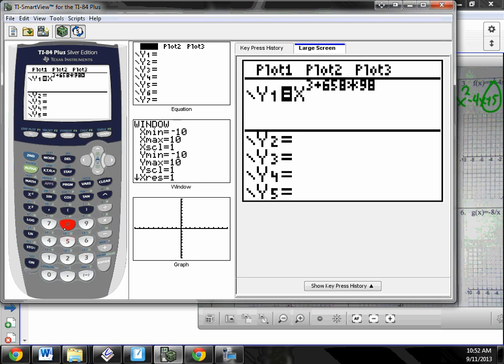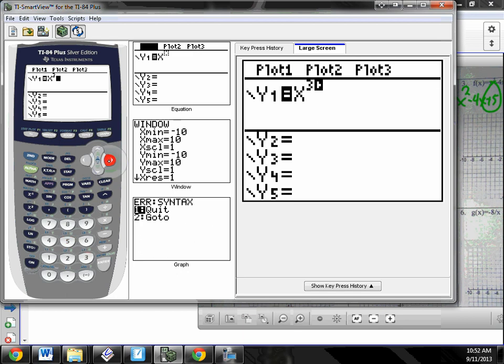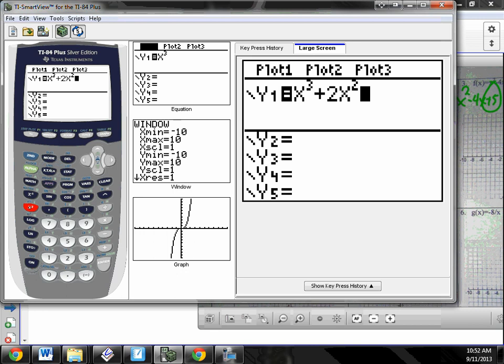You have to push over to get outside of the exponent. So you push 3 and then you push over. What's the rest of it? Help me out. Minus 25x minus 50.